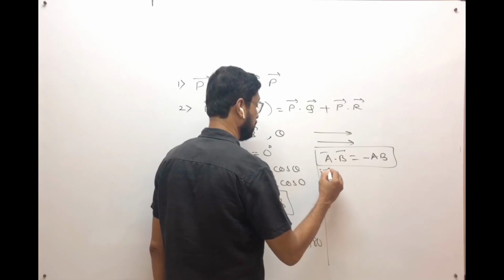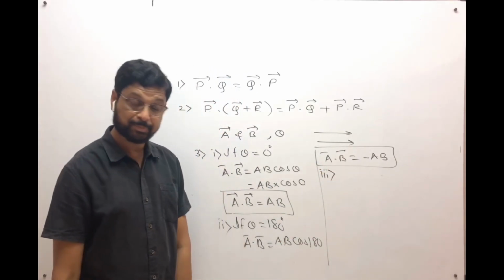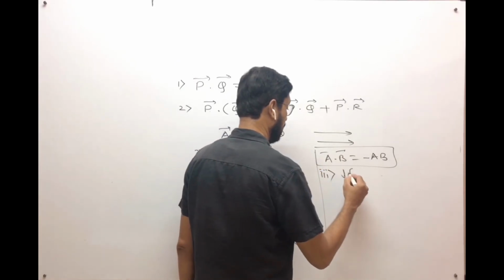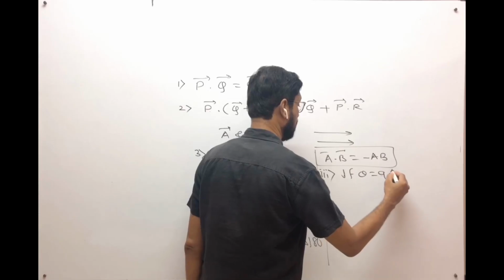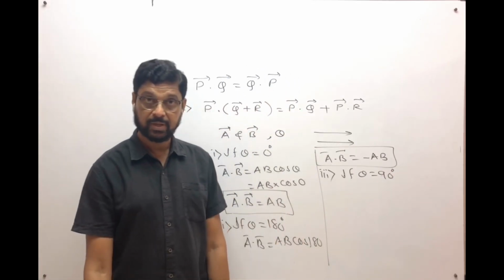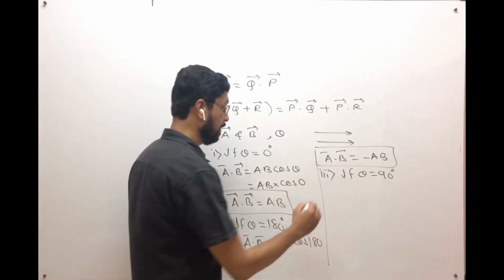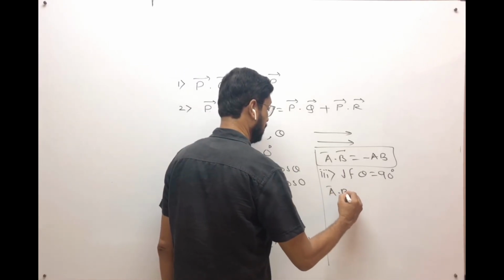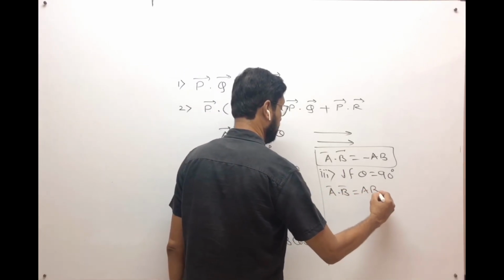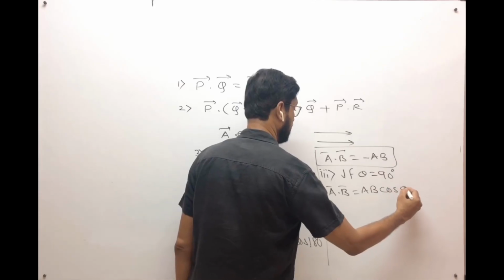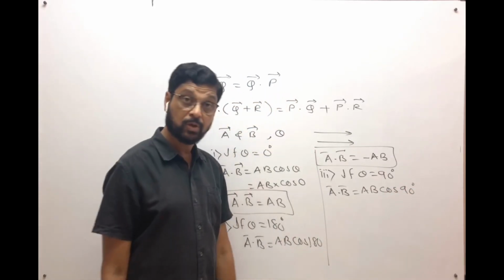Third point in this third characteristic, if theta is equal to 90 degree, if the vectors are perpendicular to each other, then A dot B will be AB cos theta, meaning cos 90 degree. How much is cos 90?